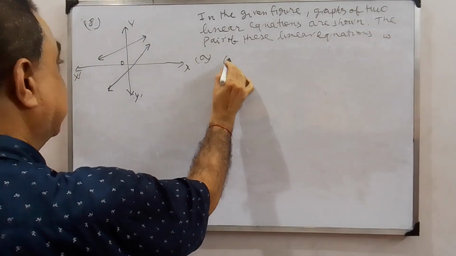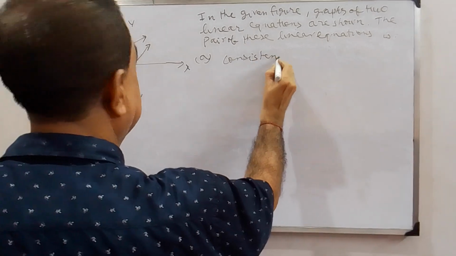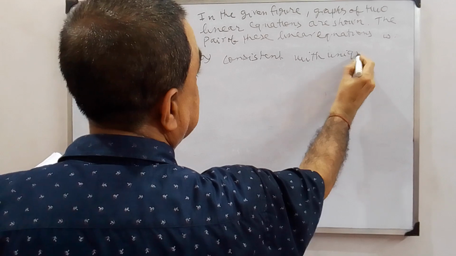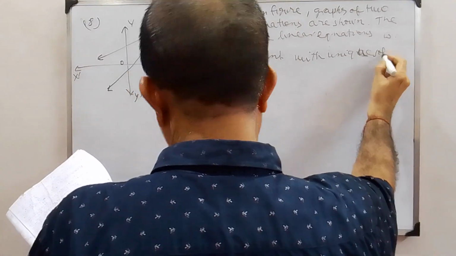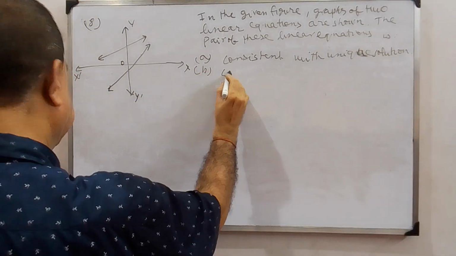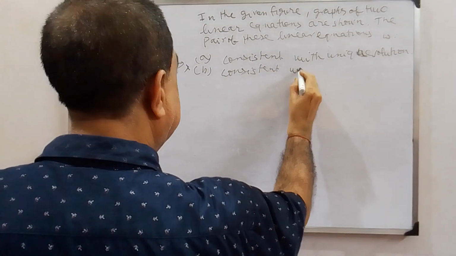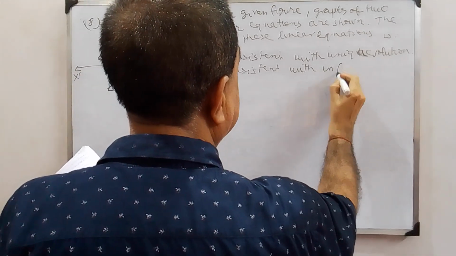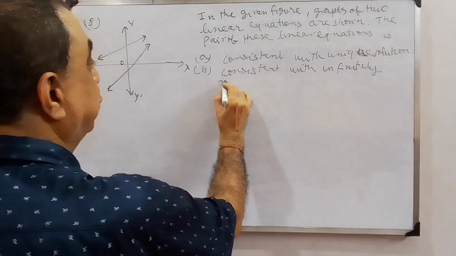A is saying consistent with unique solution, and B is saying consistent with infinitely many solutions.